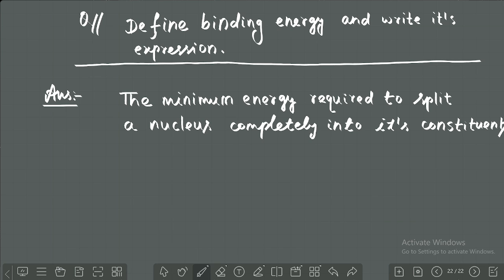Remember, the minimum energy required to split a nucleus into its constituents is called the binding energy of that nucleus.